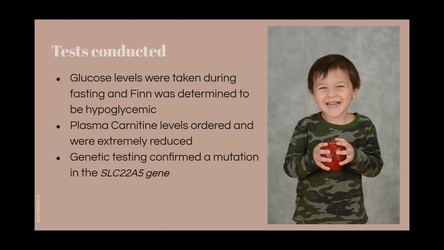Next, physicians were led to believe that it was carnitine deficiency, so his plasma carnitine levels were ordered and were found to be extremely reduced. Third, they ordered genetic testing and confirmed a mutation in the SLC22A5 gene. This means that Finn would be suspected to have primary carnitine deficiency.